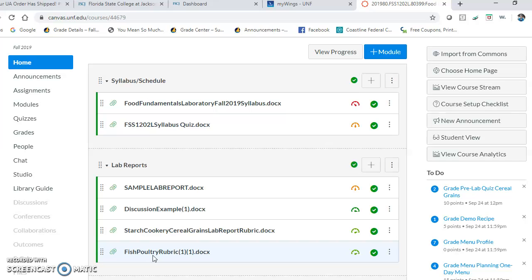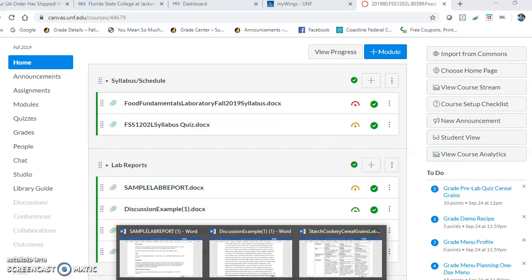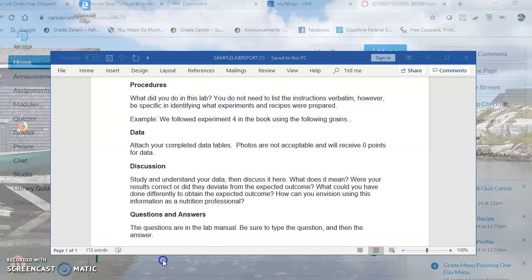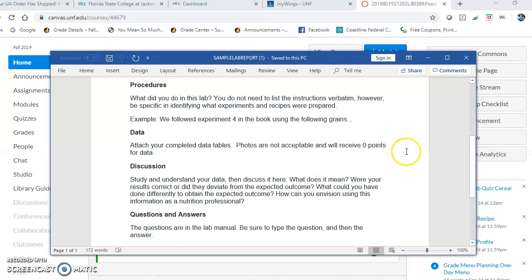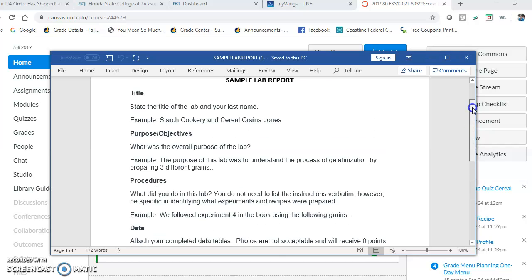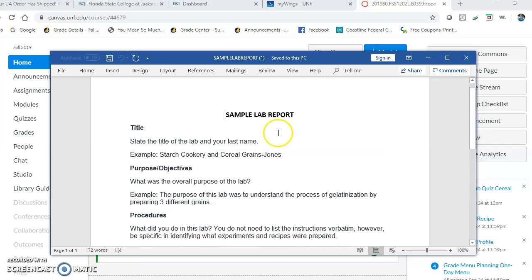So first I want to go over with you the elements that you need to include in your lab report. So if you click on the sample lab report, this is the document when you open it, and your lab report needs to include, first of all, the title.